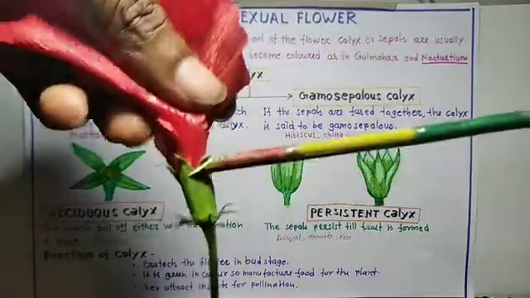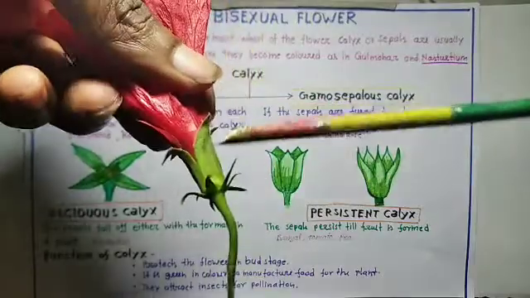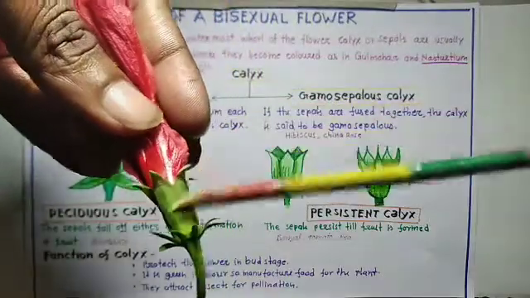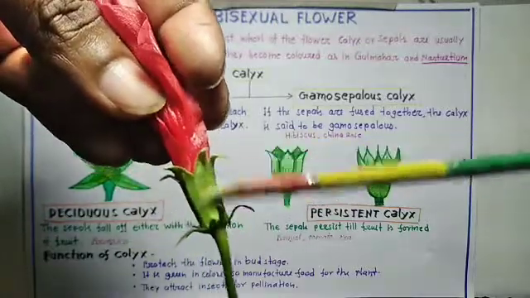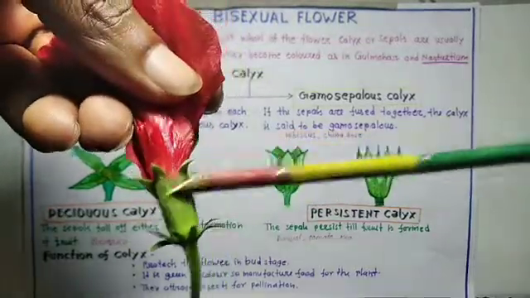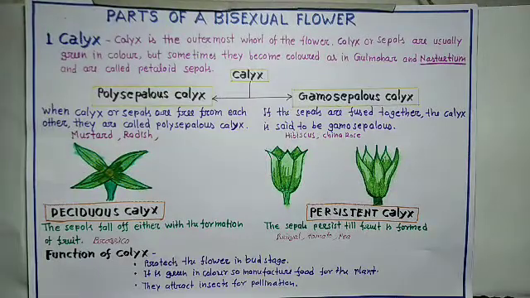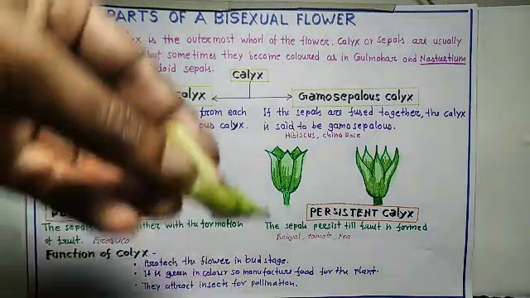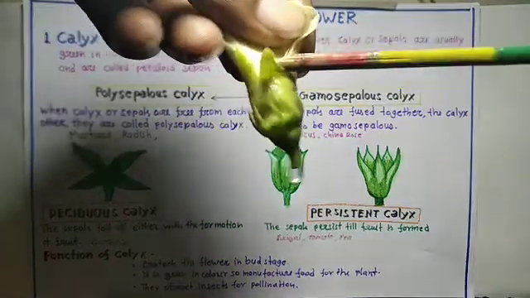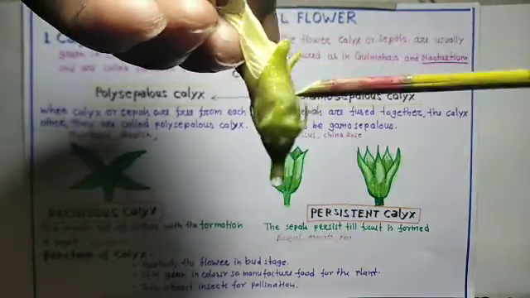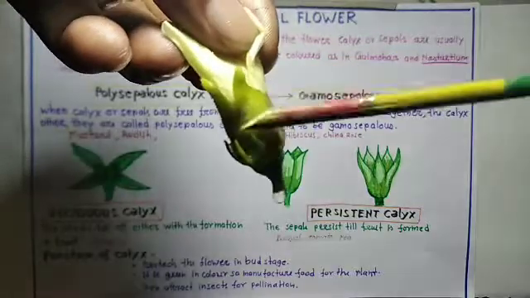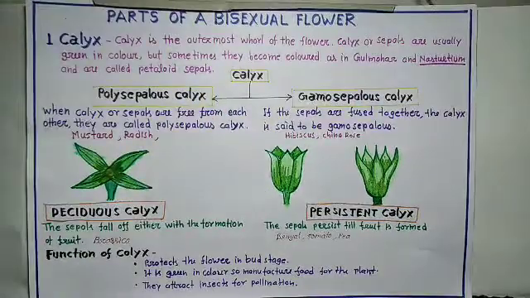You can see each sepal connected to each other or fused together. So this is called gamosepalous calyx. Now another example. Yes, this calyx is fused together, so it is called gamosepalous calyx.